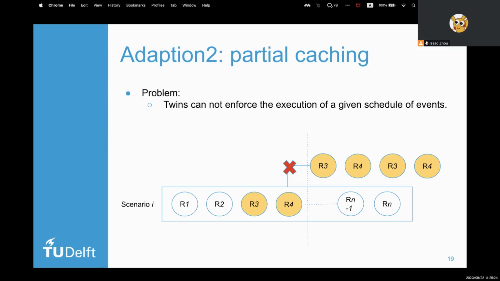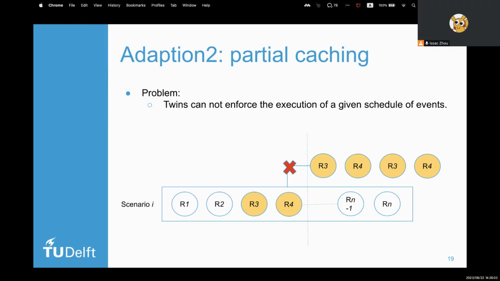Another challenge is that the partial caching algorithm needs a controlled event scheduler to enforce executing some particular events and to schedule and repeat these executions. Unluckily, twins lacks the ability to control the execution of protocols at message granularity because twins generates predetermined scenarios.